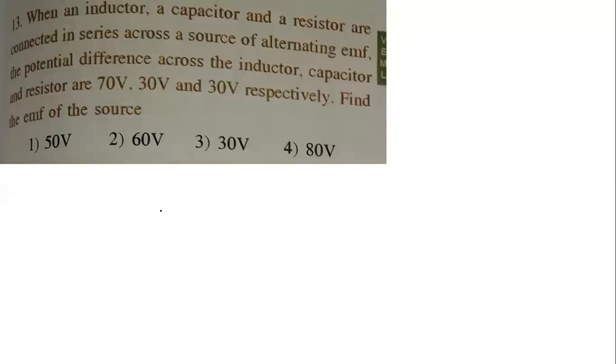Look at question number 13 now. When an inductor, capacitor and resistor are connected in series combination to an alternating EMF, with the potential differences across them given, find the EMF of the source. This is the same type of question we have done before, using the formula V equal to square root of (VL minus VC) whole square plus VR square.